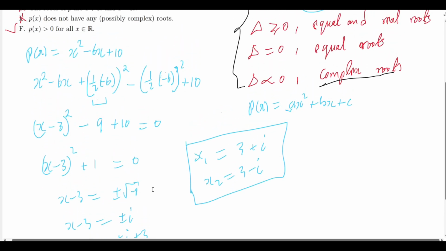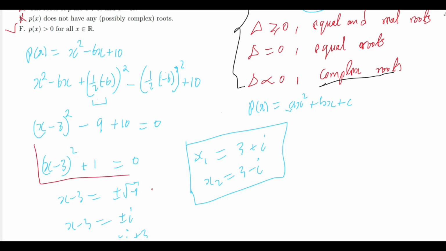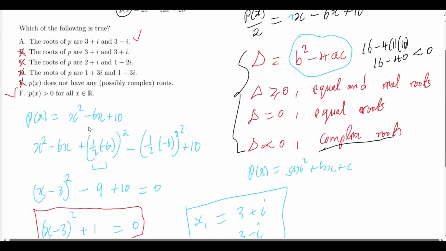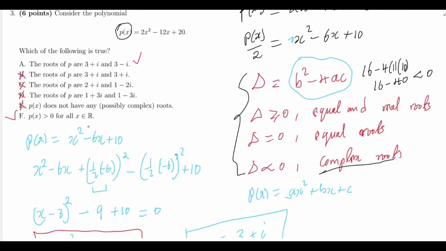From our completing the square form, no matter the value of x in R, if we insert it, take the square and add 1, it's always going to be positive. So option F is correct.